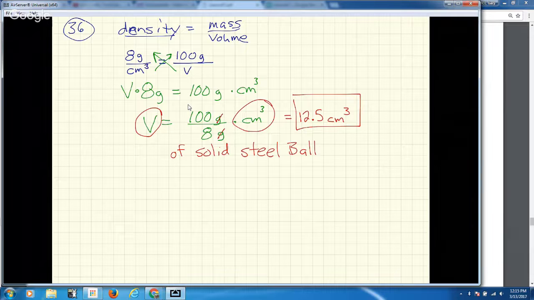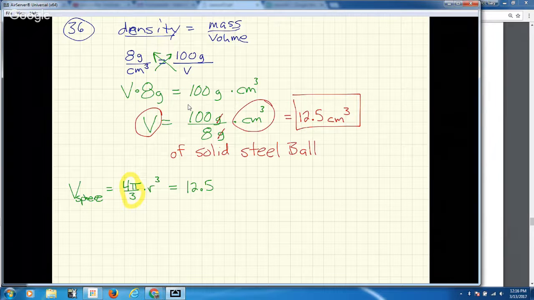Next, to figure out what the radius of that ball is, so this would be the smaller version of the ball, we'll have to take our equation for the volume of a sphere, which is 4 pi over 3 times the radius cubed, set that equal to our volume, and solve for the radius. So to solve here, I can multiply by the reciprocal of this fraction.